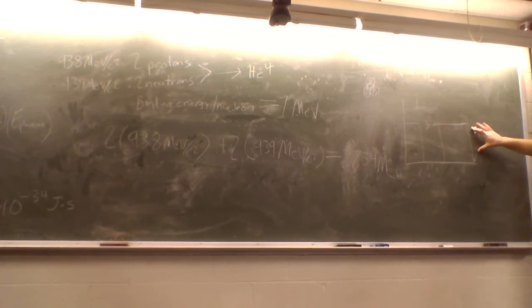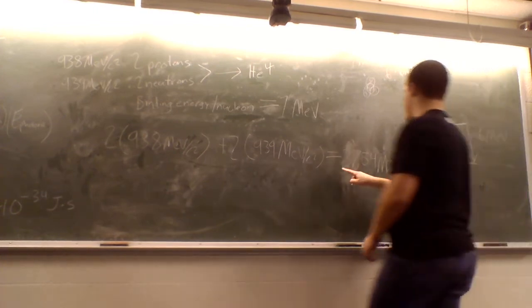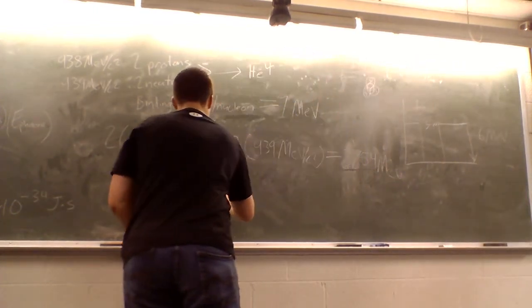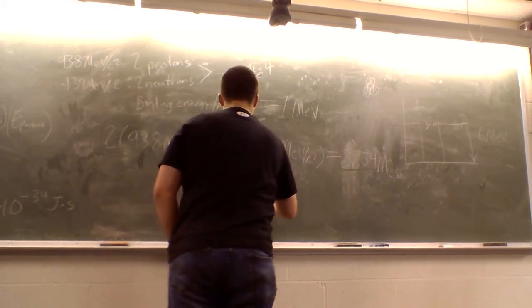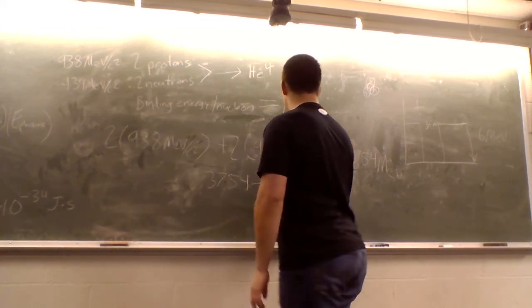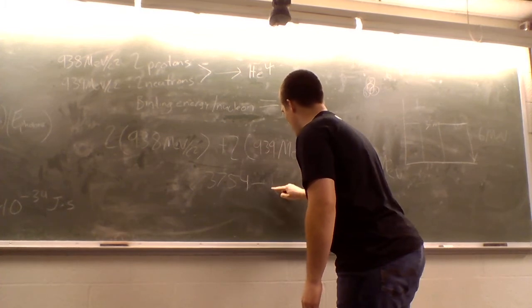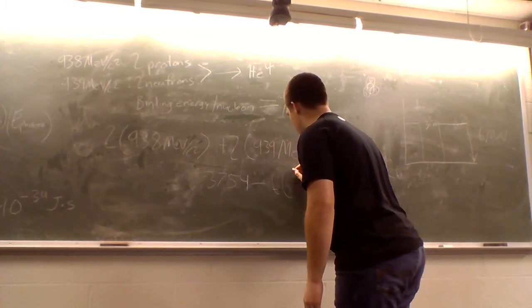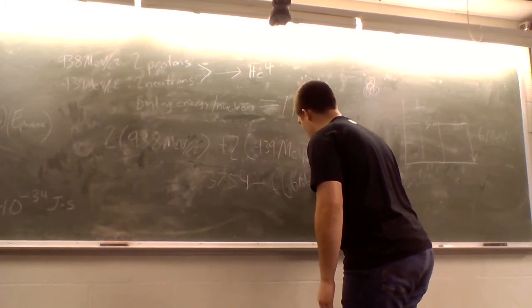Now you have 6 bindings, and we're going to say that it releases 6 mega electron volts per binding. So you take this number, 3754, and subtract the 6 bindings times the 6 mega electron volts per binding.